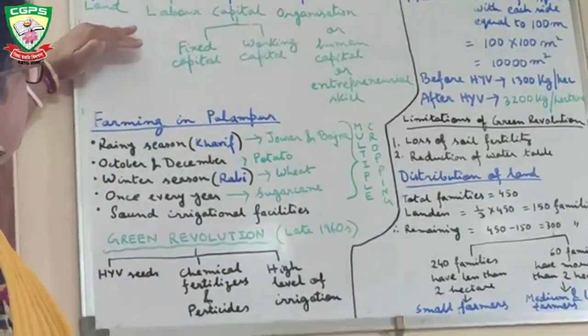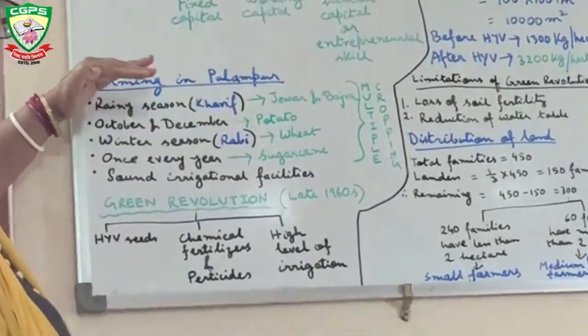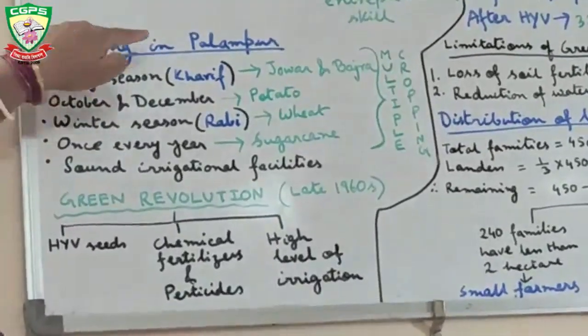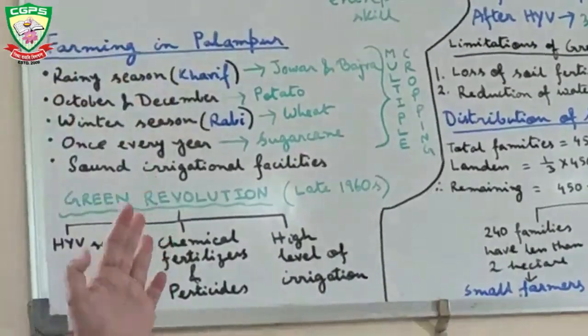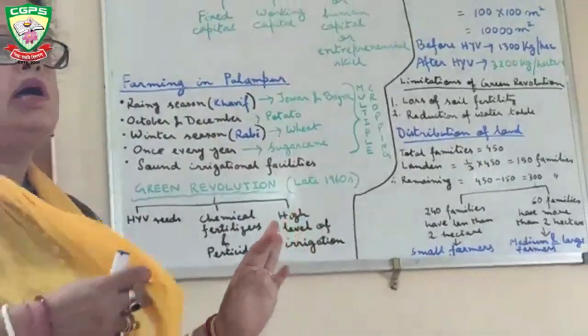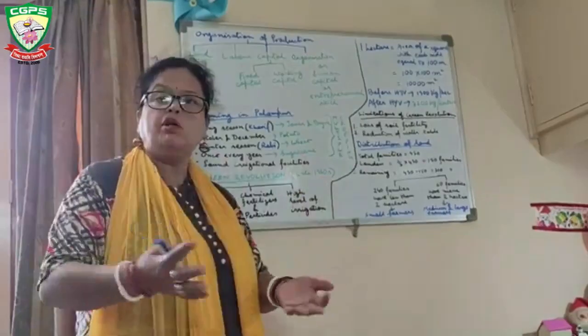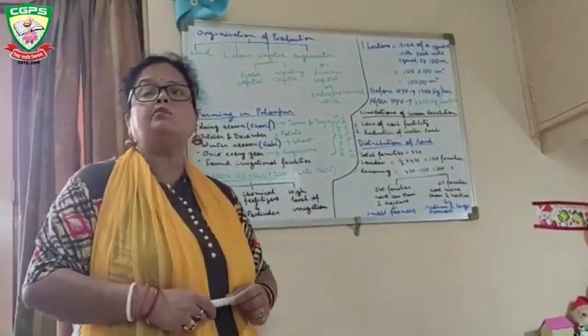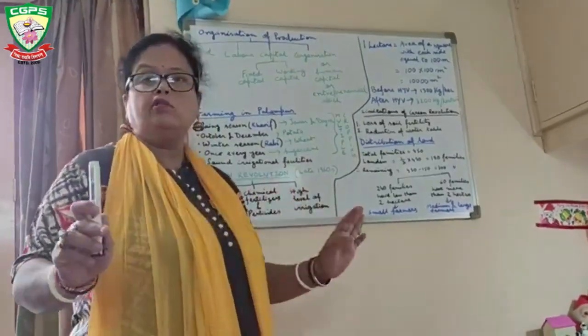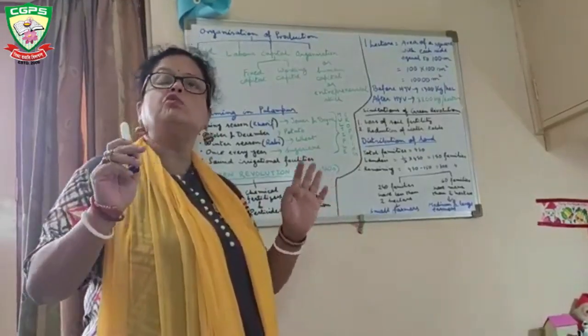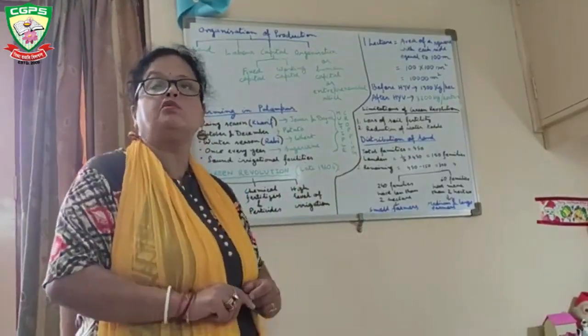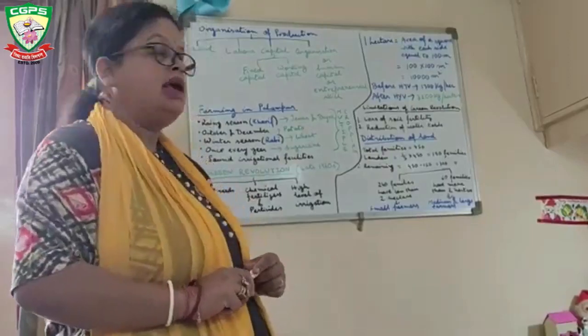When you are talking about land, we are talking about kheti, we are talking about farming in land. So farming in Palampur, all the lands in Palampur are cultivated. No land is left idle. And let me tell you here, the land area in Palampur is fixed. More than 75% of the population in Palampur are dependent on farming.